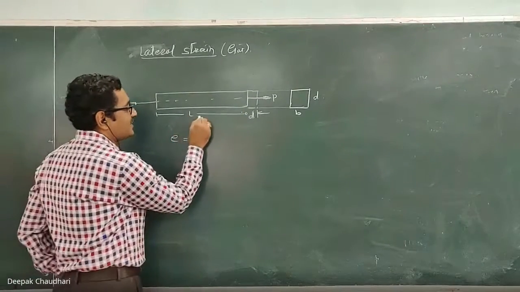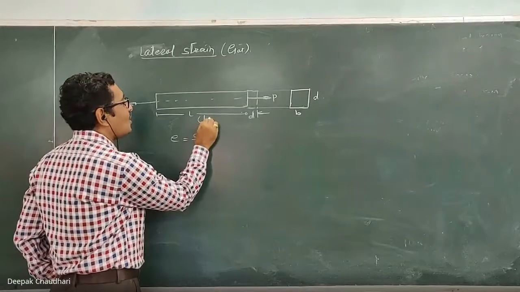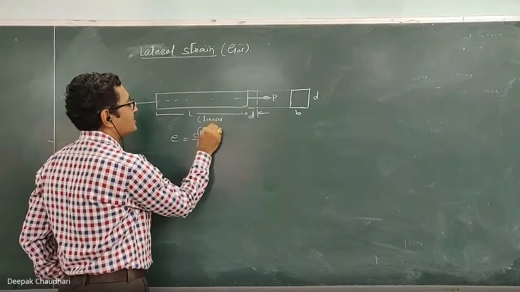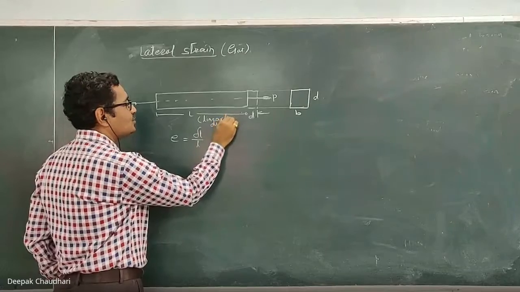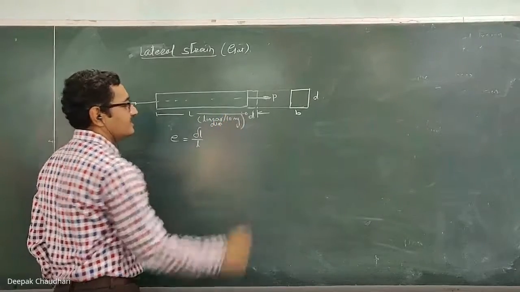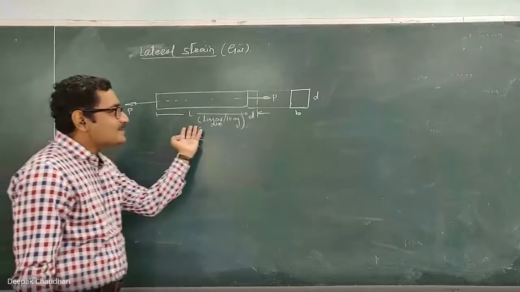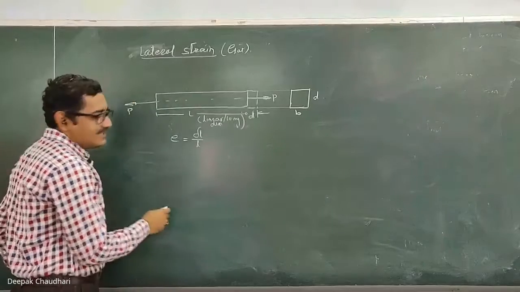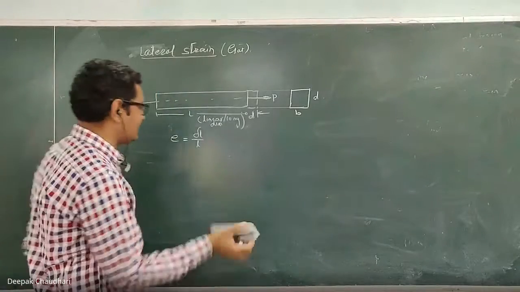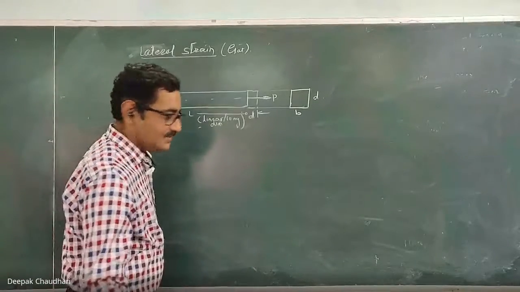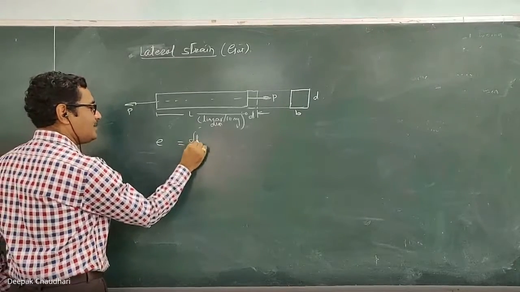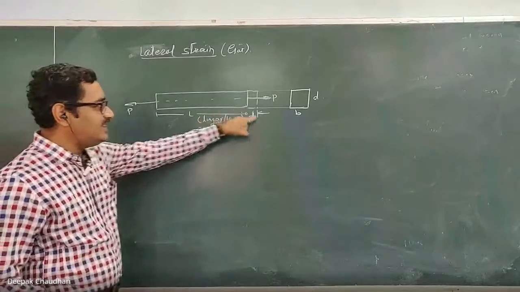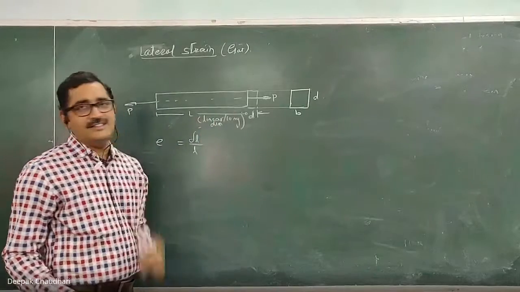Such a dimension is known as a linear or longitudinal dimension, and the corresponding strain is known as the linear strain or the longitudinal strain. So delta L upon L is the change in linear dimension to the original linear dimension.